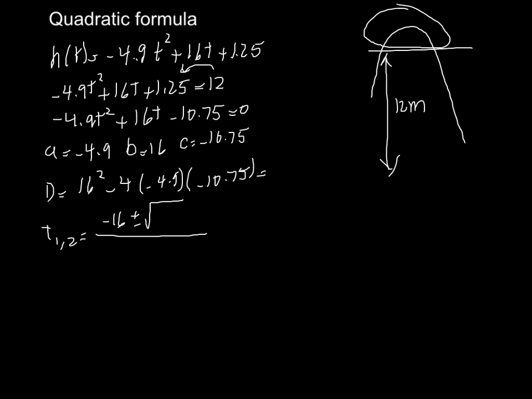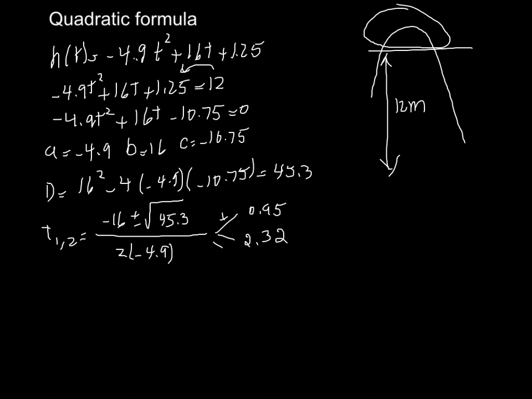If you simplify d, we get 45.3 here. So square root of 45.3 divided by 2a, which is 2 times negative 4.9. There are two solutions, plus or minus. If we go with plus, we get 0.95. If we go with minus, we get 2.32.